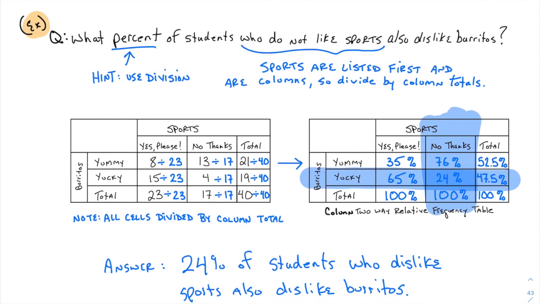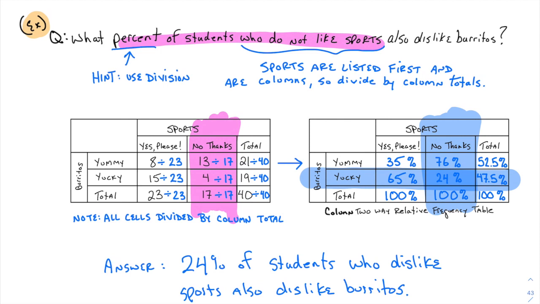Question number 3. What percent of students who do not like sports also dislike burritos? So one more time. The group that we begin talking about first is the group of students who do not like sports. So we find the students who do not like sports. There are 17 of those.